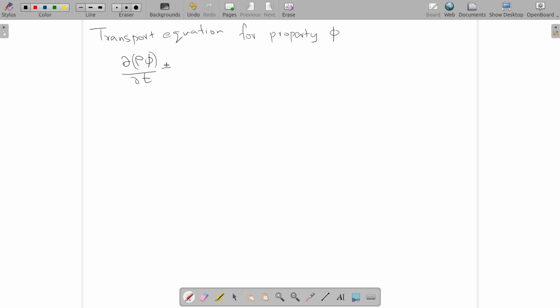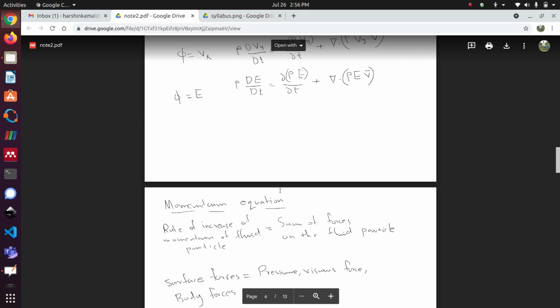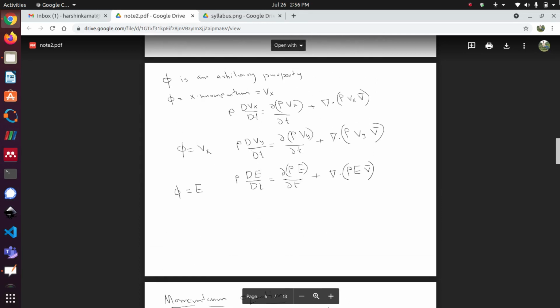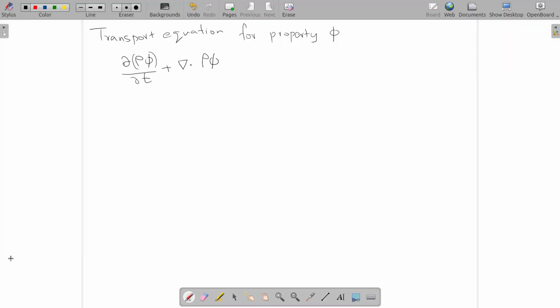I think for velocity, which variable did we use? Vx, right? Vx is good.